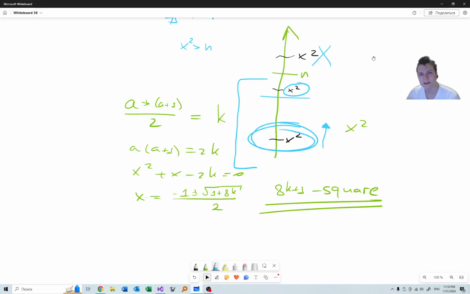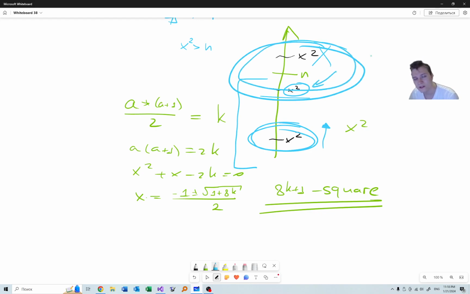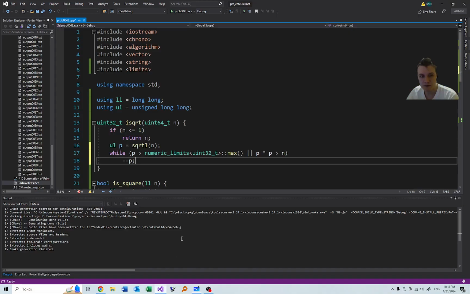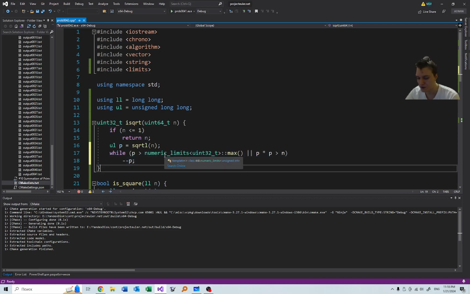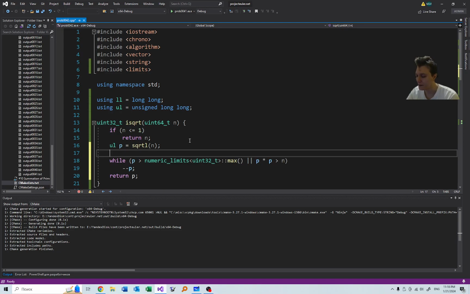Well, no, I think it's easier to, first of all, move into this area, and then move into this number. So this will finish our solution. So here we will return p. But before that, we want to make p at least the integer square root of n. So this is our goal.